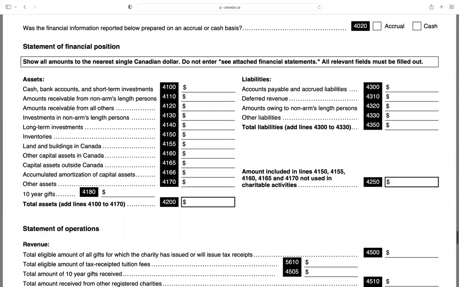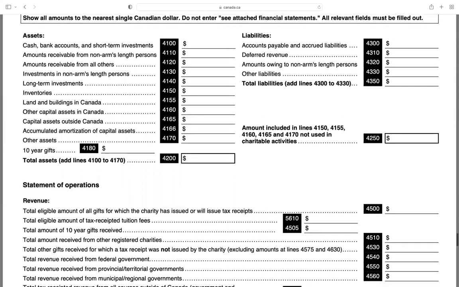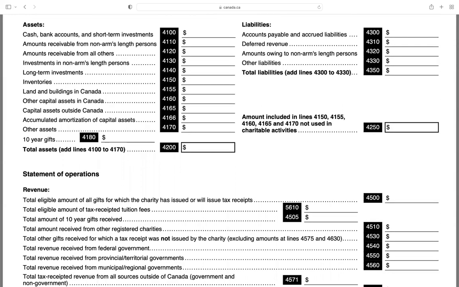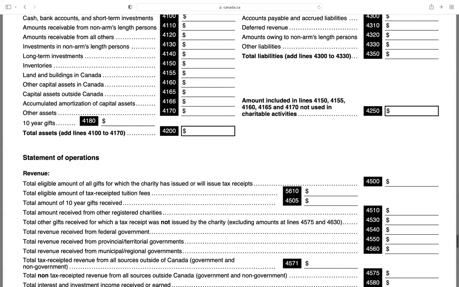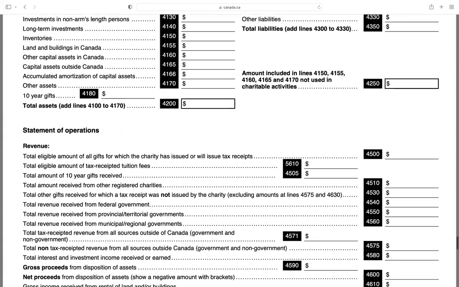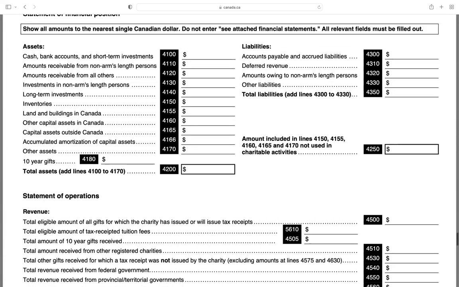The assets include cash, bank, short-term investments, amounts received from non-arm's length, all other investments in non-arm's length, inventory, land and building, and other capital assets. And then we go to the liability side: accounts payable, accrued liabilities, deferred revenue, and amounts owing to non-arm's length.